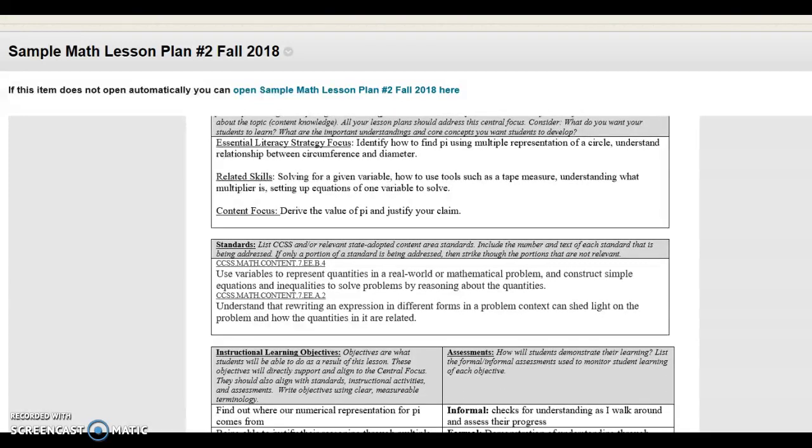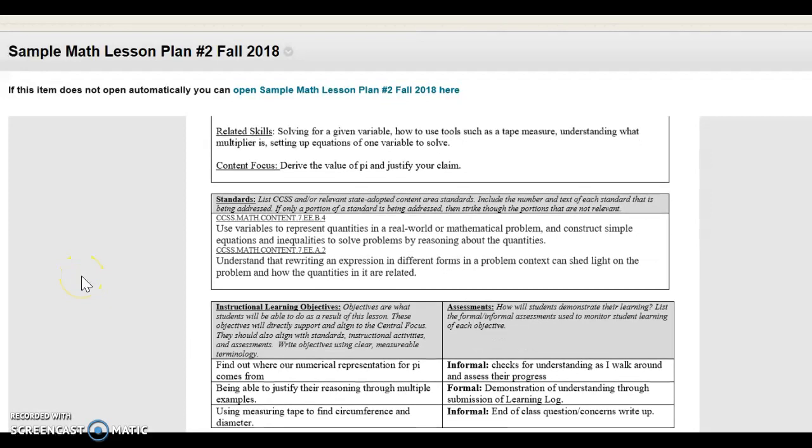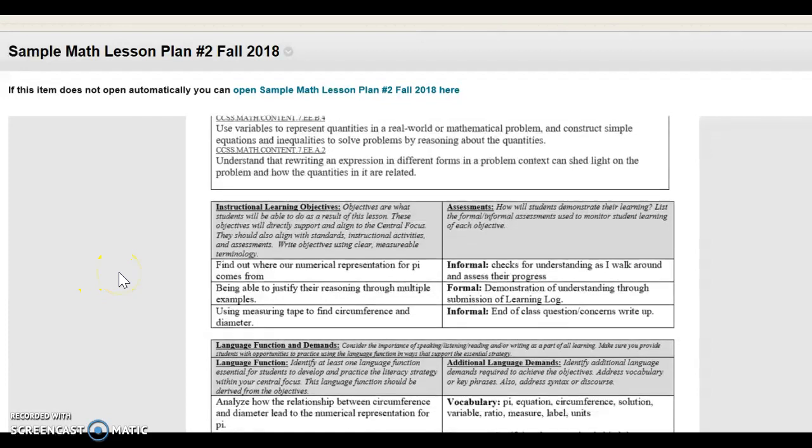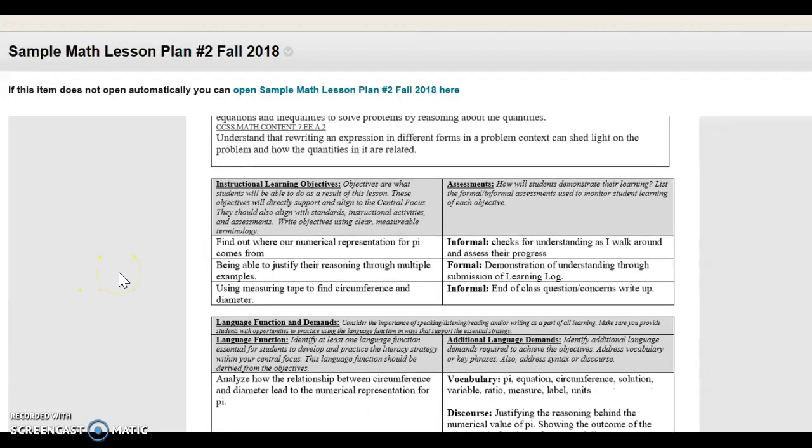It was a little bit of a different lesson, but you can see they identify the specific essential literacy strategy, related skills, content focus, and then had 2 standards listed from the Common Core standards. You go down and see the instructional learning objectives. It's very explicit and specific what the learning objectives are, and then they give the informal and formal assessments.